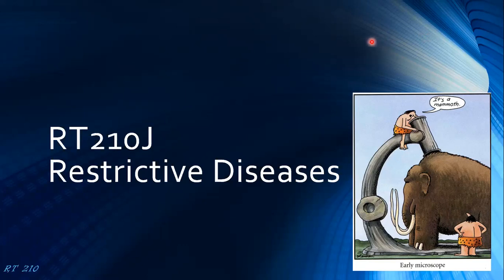All right, so restrictive diseases. We talked about how obstructive disease is when the patient cannot exhale properly. So if you can't get the air out, it's considered to be an obstructive disease.